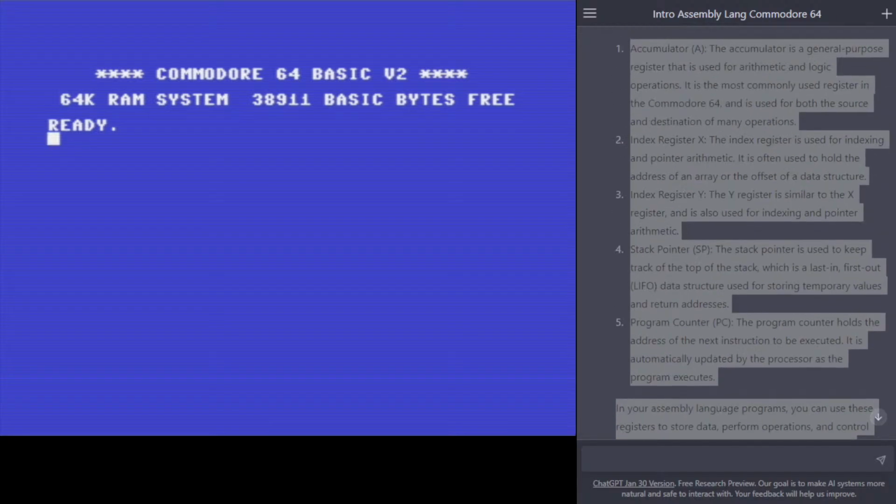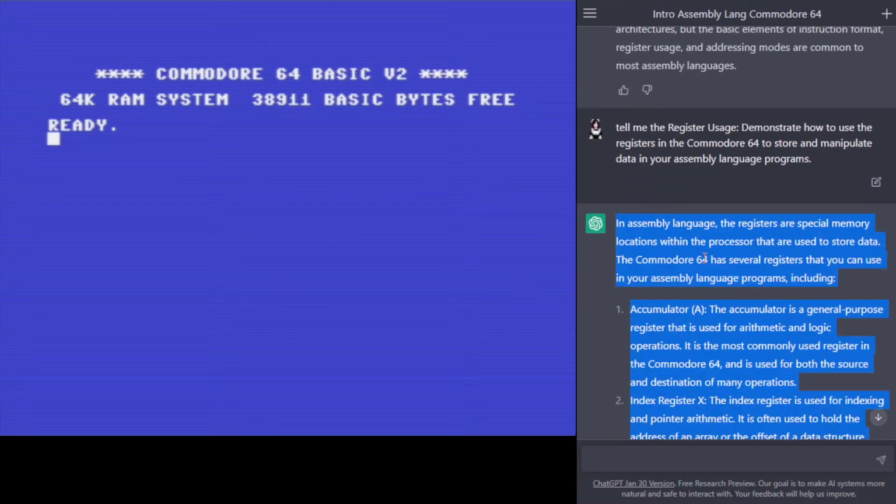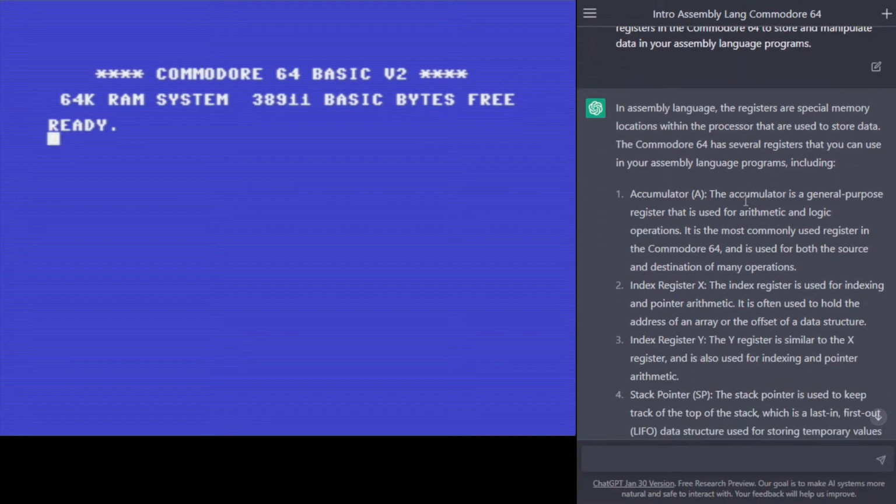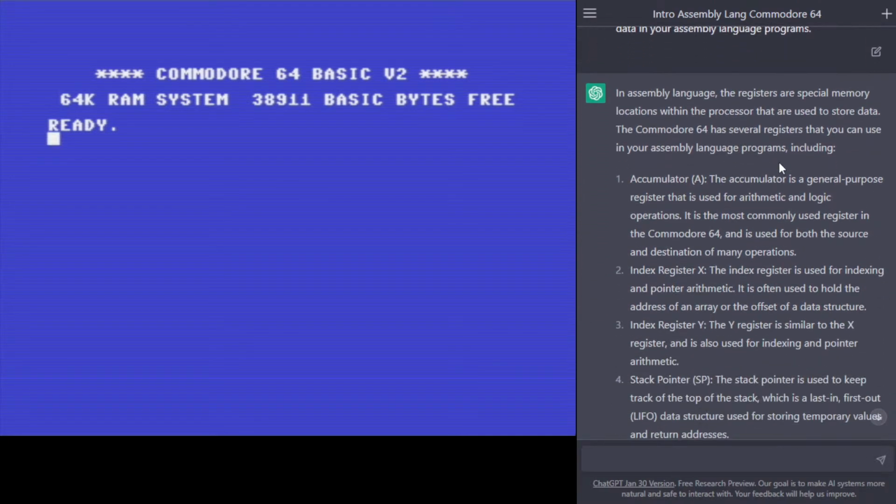In assembly language, the registers are special memory locations within the processor that are used to store data. The Commodore 64 has several registers that you can use in your assembly language programs, including accumulator. The accumulator is a general-purpose register that is used for arithmetic and logic operations.